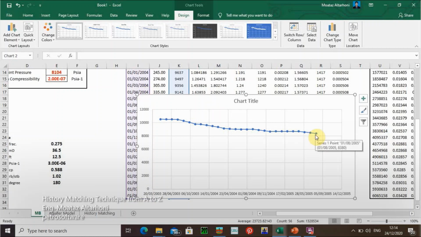So this is the first information we can get from this plot: pressure versus time. Also we can see the trend of the pressure is supported by, we don't know what energy supported the pressure. We know from our study maybe we have water influx, or any injection, gas or water, but we will look more.